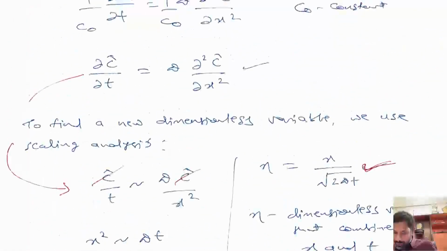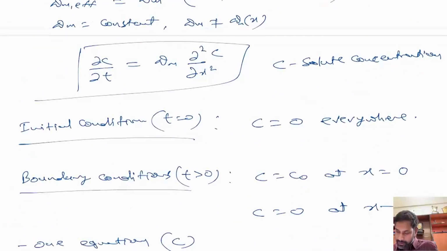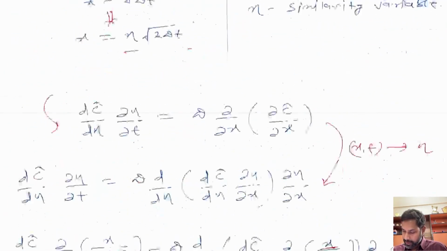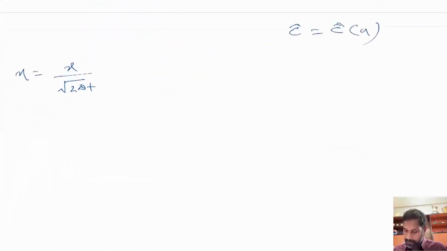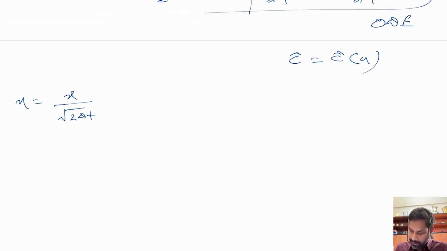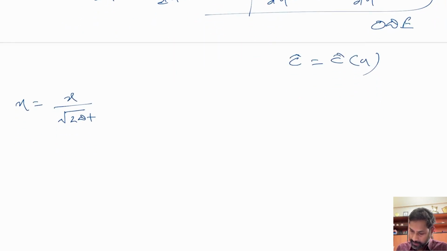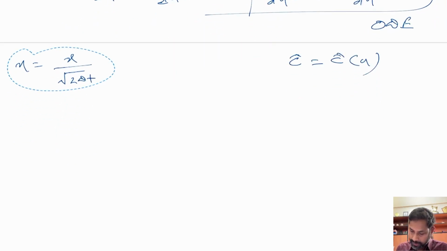And if you go back to the initial and boundary conditions, that says that at t equal to 0, your c is 0 everywhere, and for t greater than 0, c is c naught at x equal to 0 and c equal to 0 at x tends to infinity. Okay, and that is why we can use those conditions and find the criteria for c hat with respect to eta.